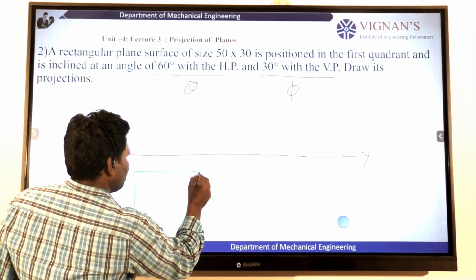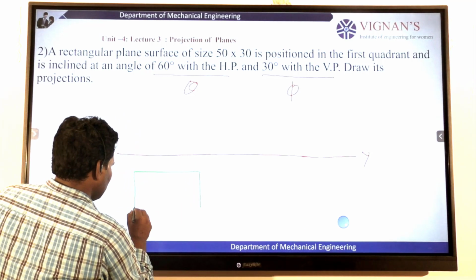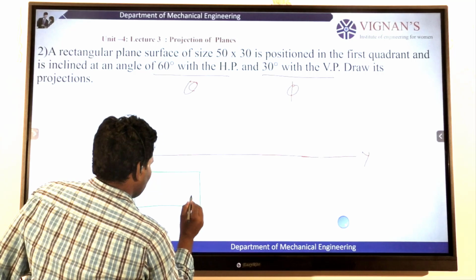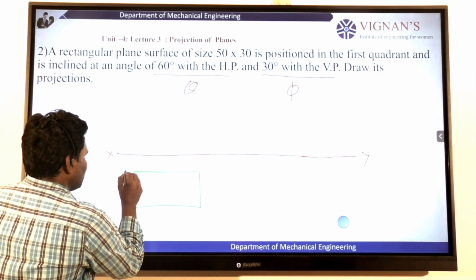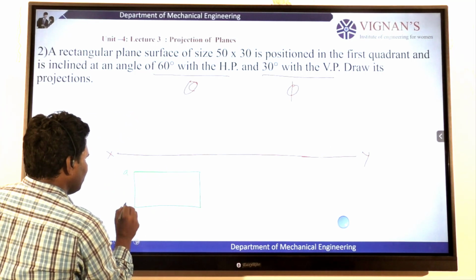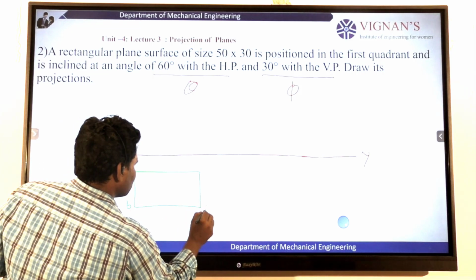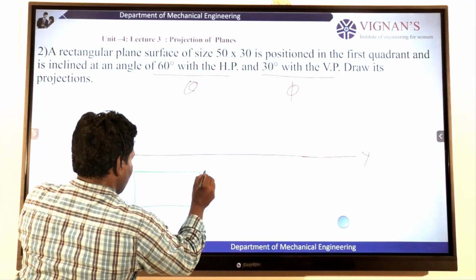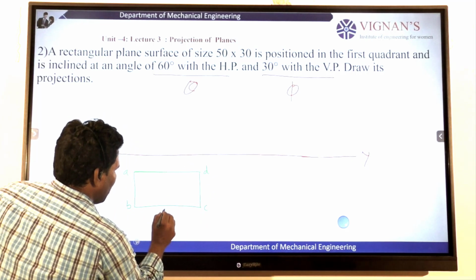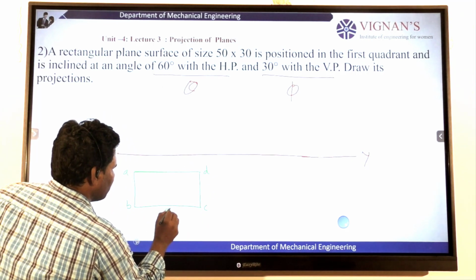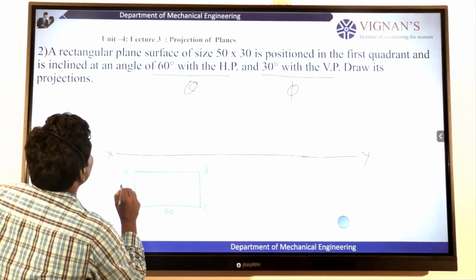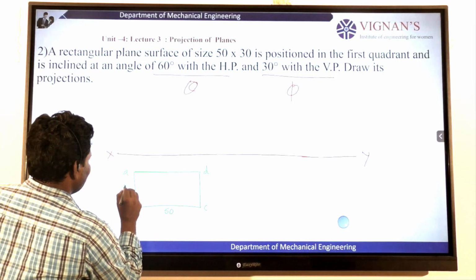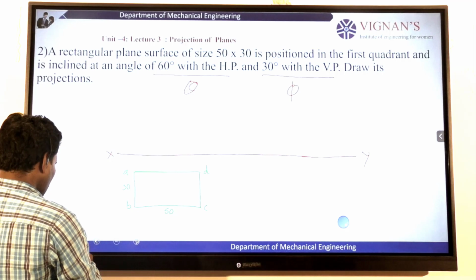This is 50 and this is 30, and the other side is parallel to this 50. Now we write the four corners A, B, C and D. What is this dimension? 50. What is this dimension? 30, as given.